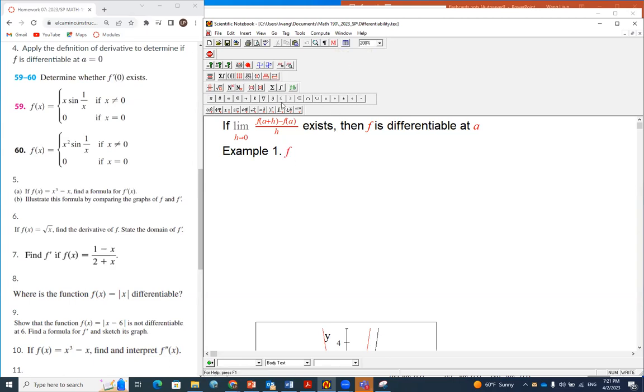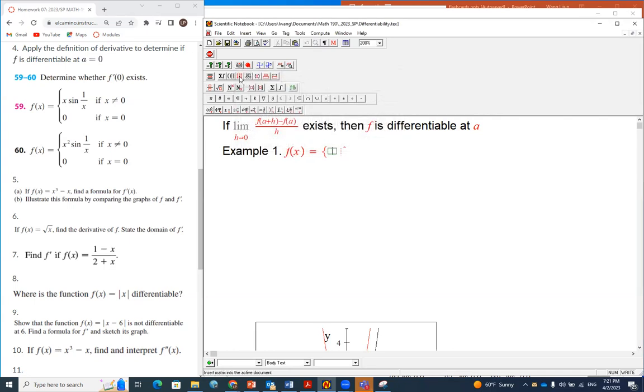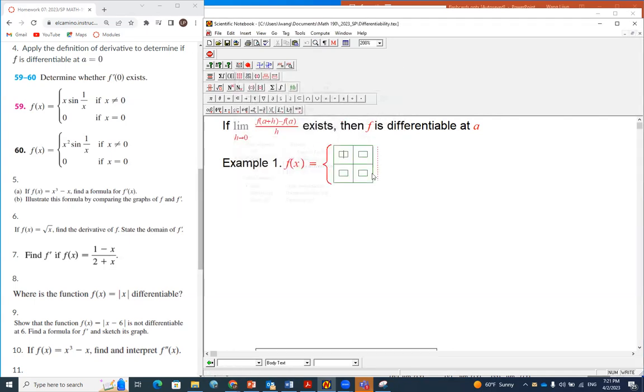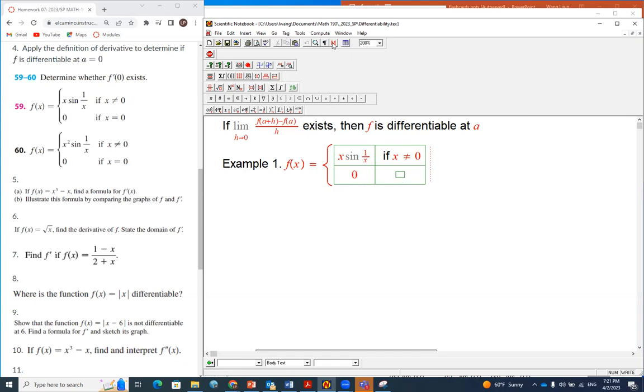The function we have here is f of x equals x times sine of 1 over x if x is not 0, and 0 if x is 0.